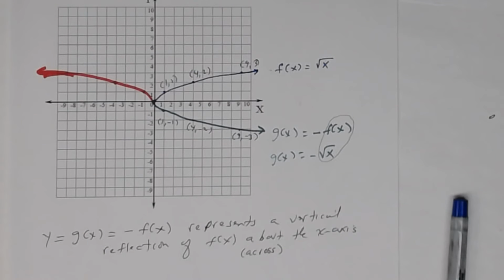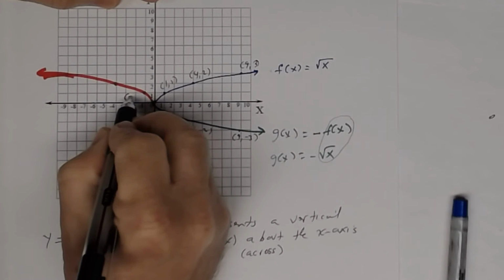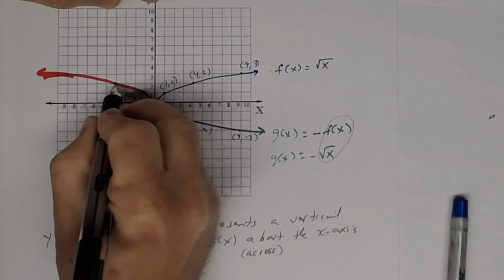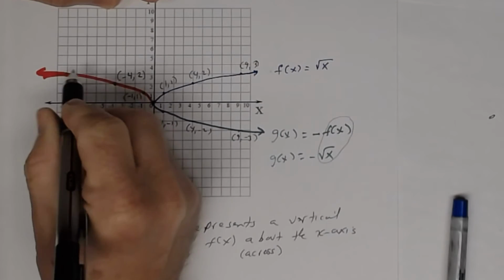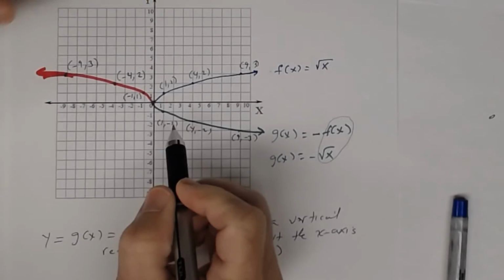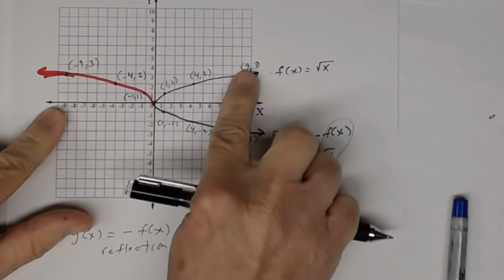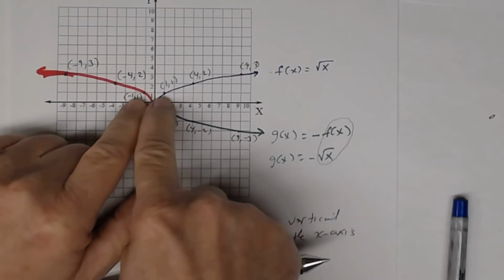Now let's look at the points to help us the same way it helped us with this. So this point right here is (-1, 1). This point right here is (-4, 2). And this point right here is (-9, 3). So I want you to notice when you reflect something across the y-axis, notice the points.